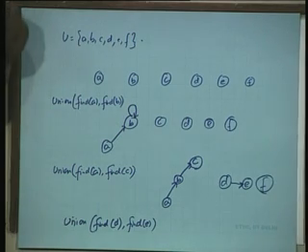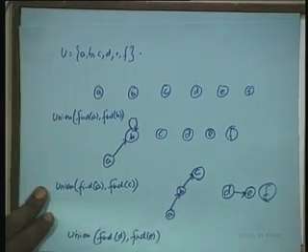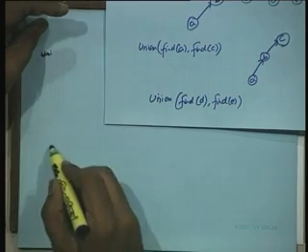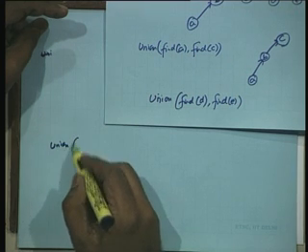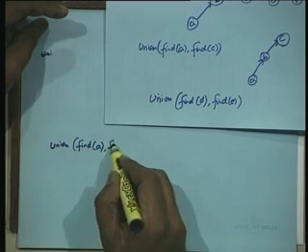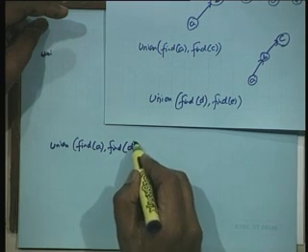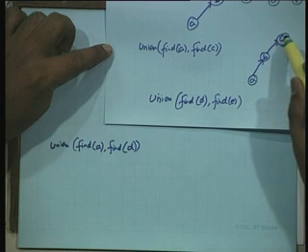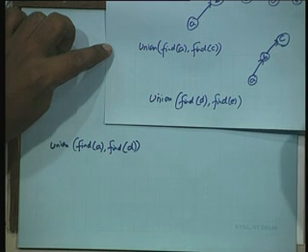Let me keep this picture there, and let us say I do union find A comma find D. What does find A return? It returns a pointer to C, and find D returns a pointer to E. I need to link up these two roots.